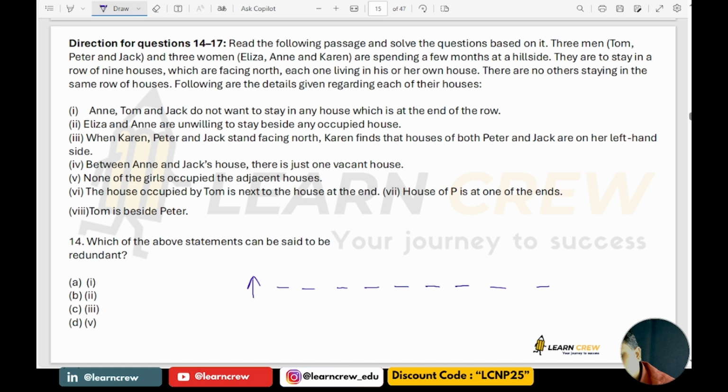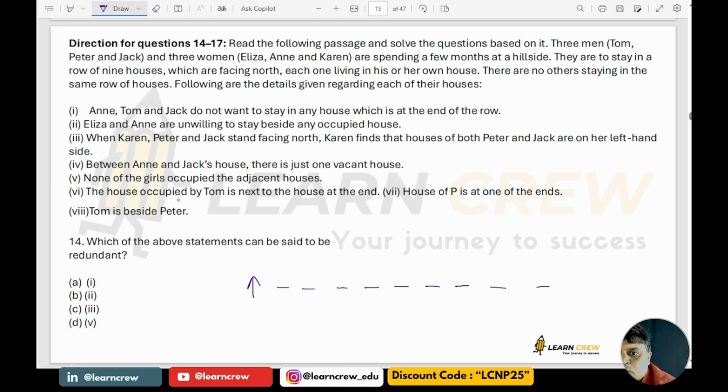Okay. So please see here once again. Here we have in total how many persons? 6 persons, 9 houses, all facing north.